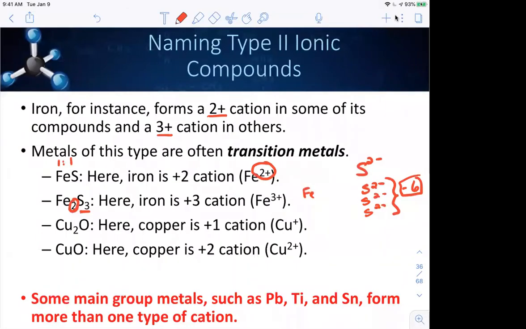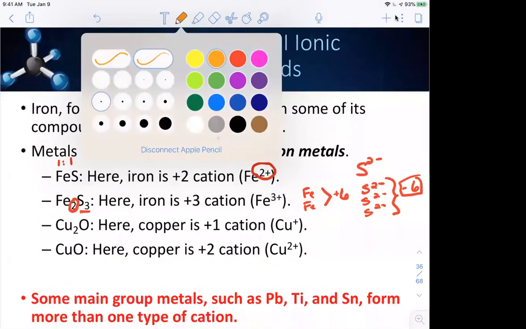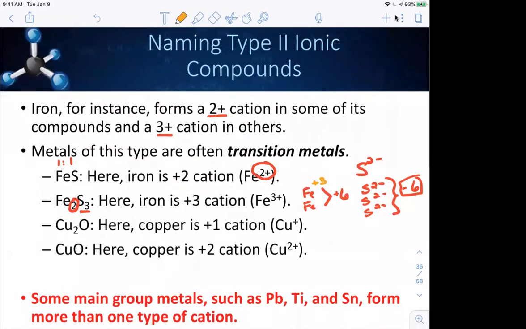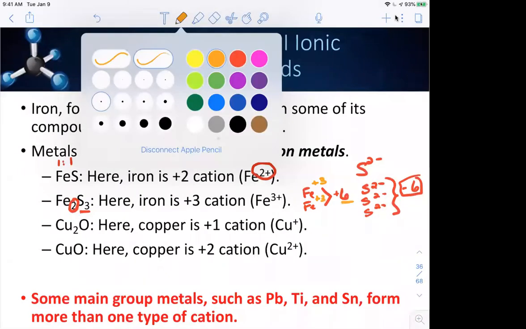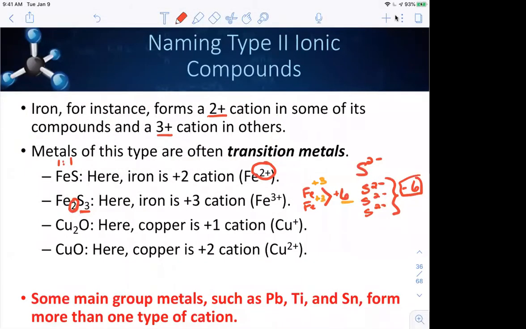So the 2 irons themselves have to give me a +6. So that means that each iron has to be a +3 to give me the +6. So again, I'm using the anion in order to figure out in that particular compound what the charge of the cation is.